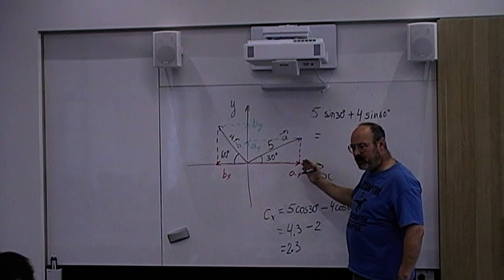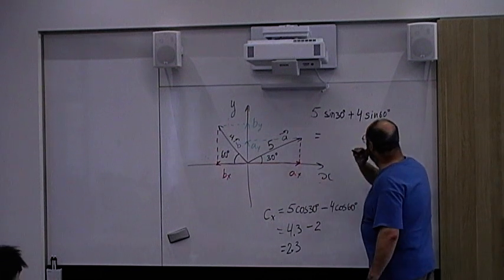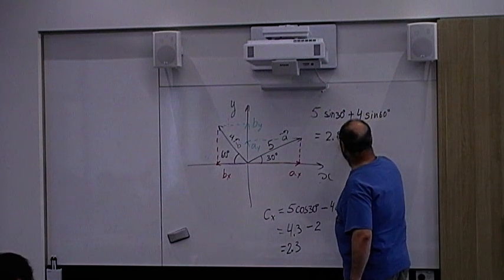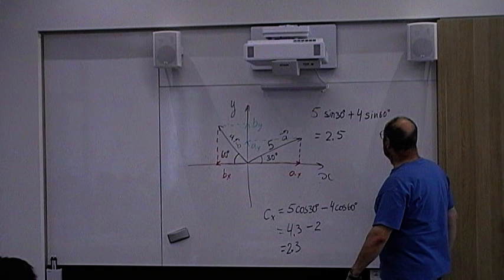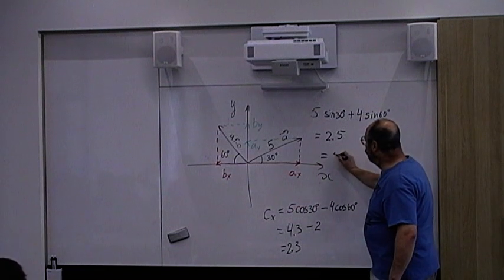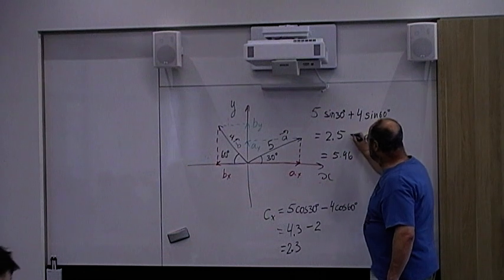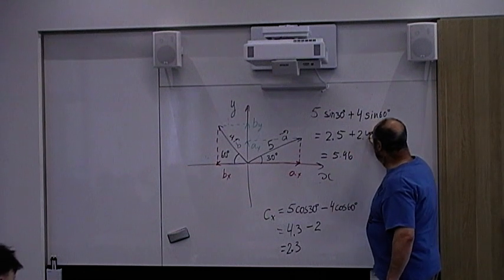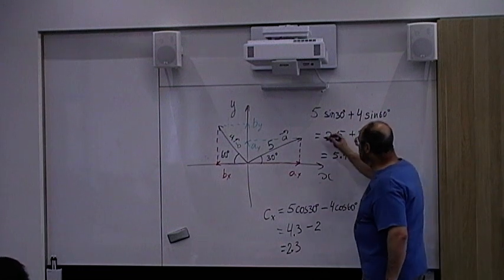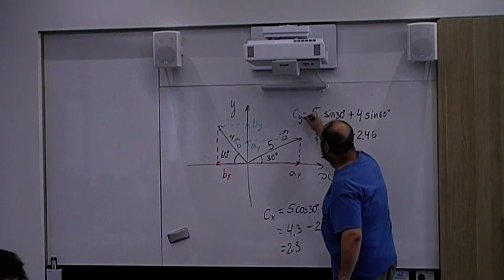It's the opposite. So 5 times sine 30 will be 2.5, and 4 times sine 60 is about 3.46. So this is 5.96, and that will be CY.